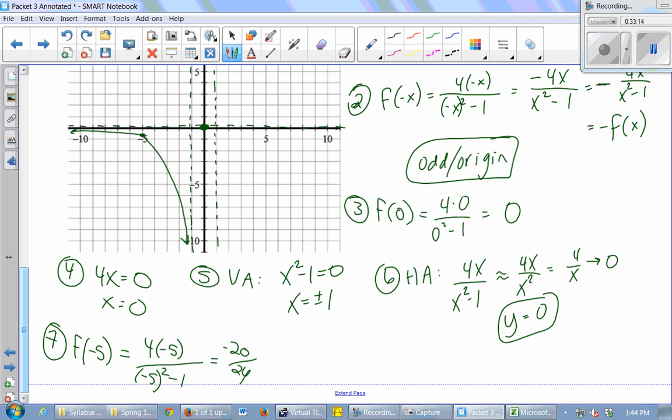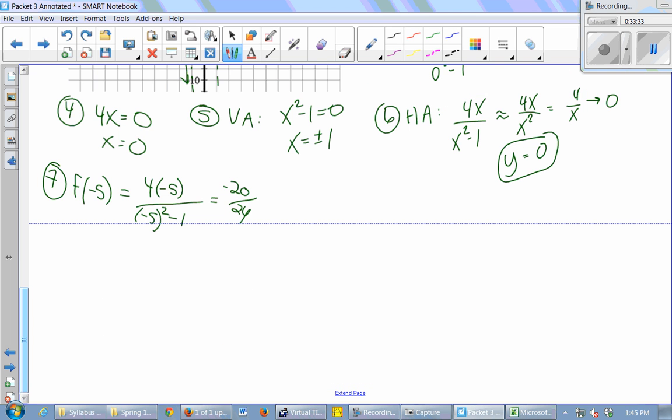All right, and then in between my 2 asymptotes, I already have 1 point, but I'm going to need 1 more in order to know whether this is going to go up or down or 1 of each. Okay, so maybe I'll plug in a half. F of 0.5, that would be 4 times 0.5 over 0.5 squared minus 1.